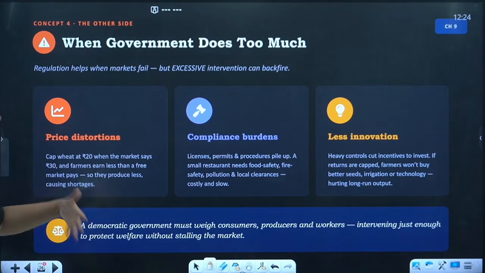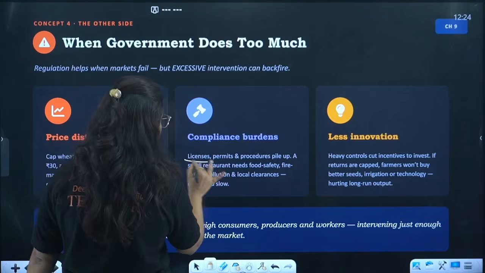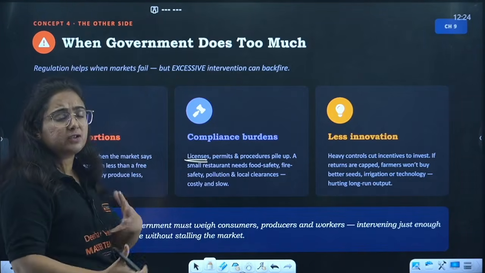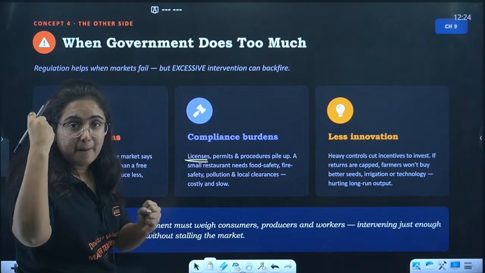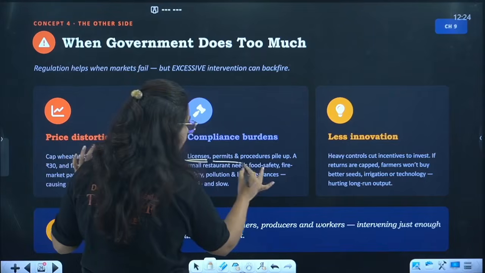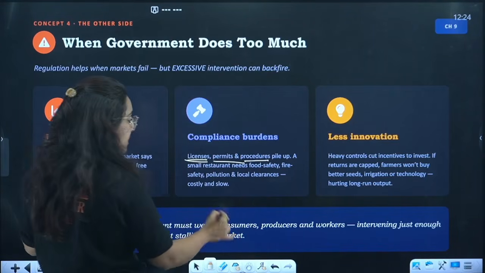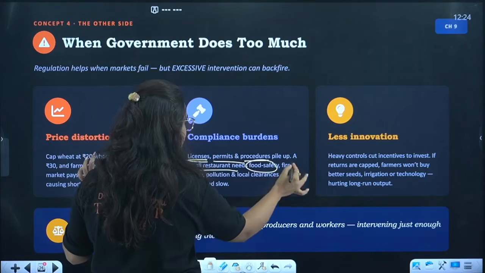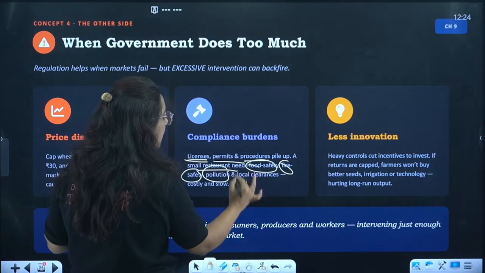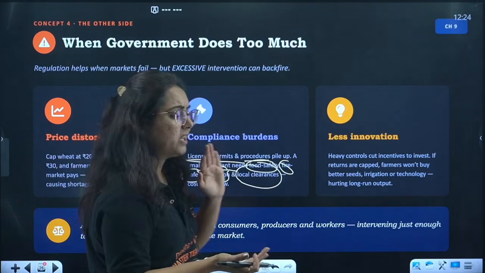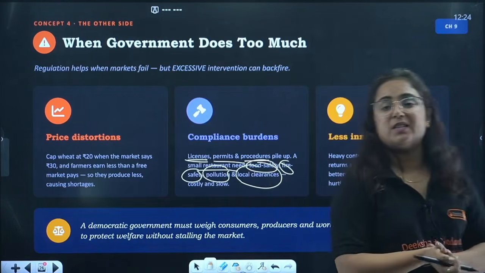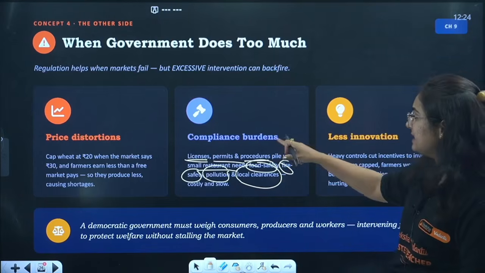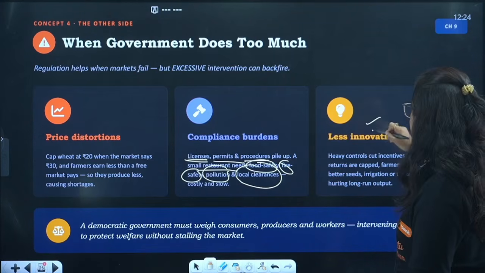Okay? Then there is the compliance burden. There is a lot of license system: if you want to start an industry or a business, a lot of licenses, permits and procedures pile up. A small restaurant needs food safety, fire safety, pollution, local clearance. See, this is required, but it is costly and slow in India. So the second thing is this compliance burden and less innovation.